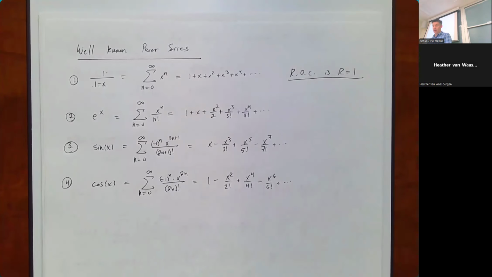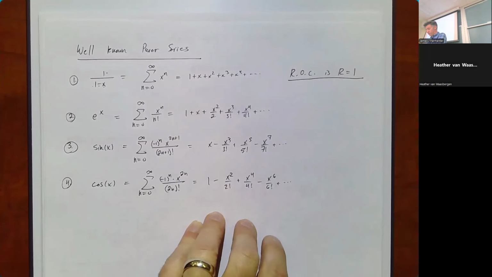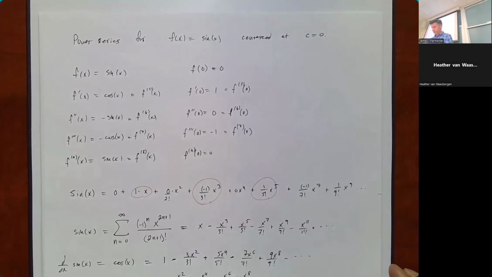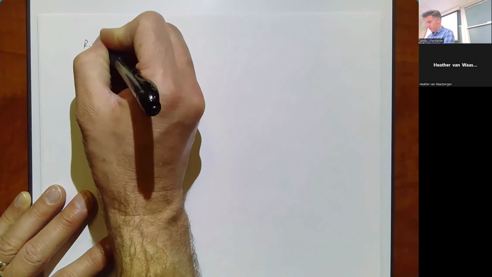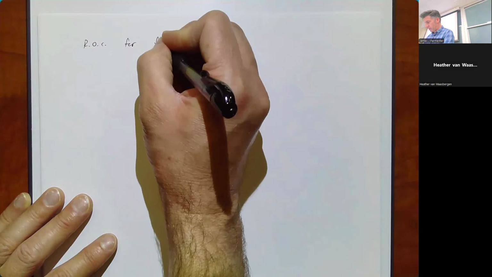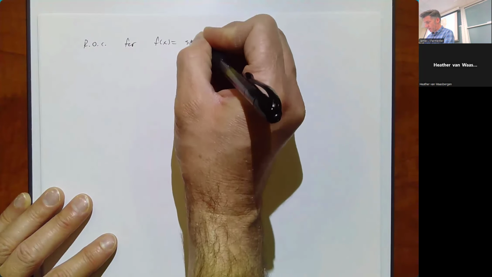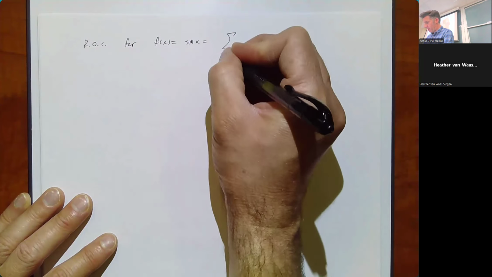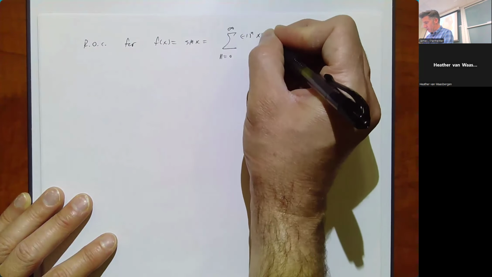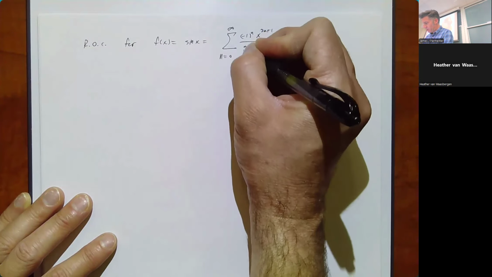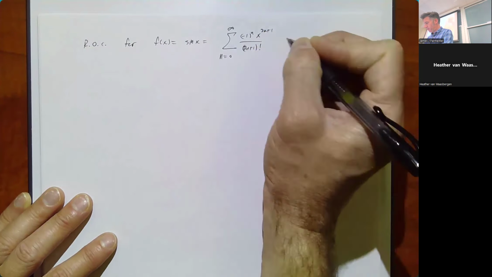Oh, and we said we would talk about the radius of convergence here. So let's talk about the radius of convergence. The radius of convergence for f of x equal to sine of x, which again is the sum from n equals 0 to infinity of -1 to the n x to the 2n plus 1 over 2n plus 1 factorial.